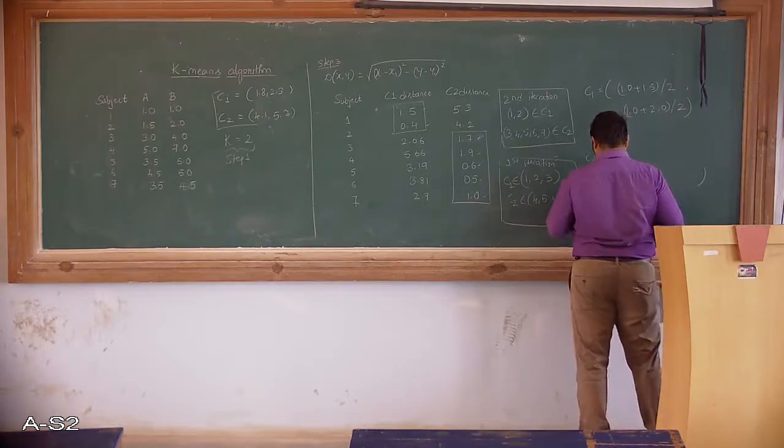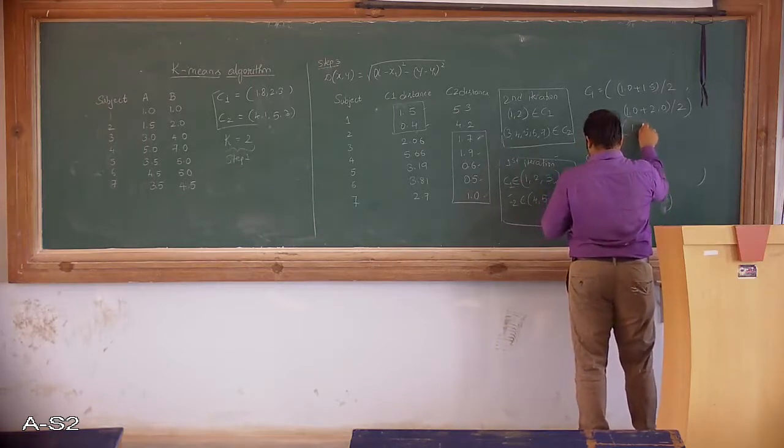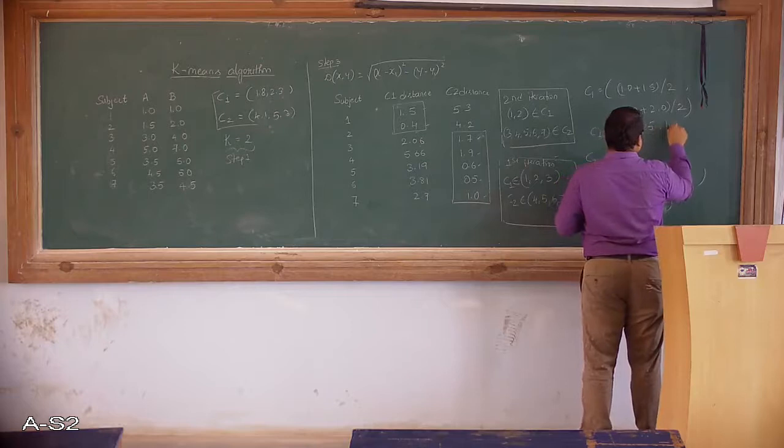If I do this, I will be getting for C1 the value as 1.25, 1.5.